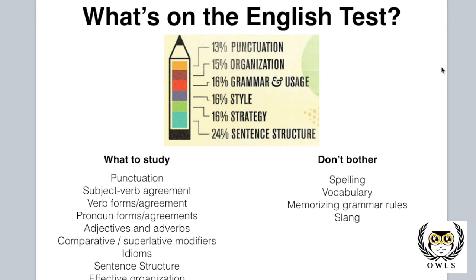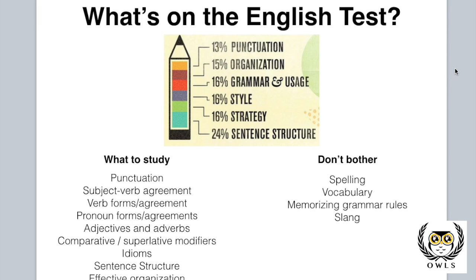What's on the test? Well, these are the different types of questions that you're going to be asked. If you identify a weakness in any of these areas, it's important to focus on that area. You'll have links embedded in the online course to additional videos that you can use to prepare and practice.